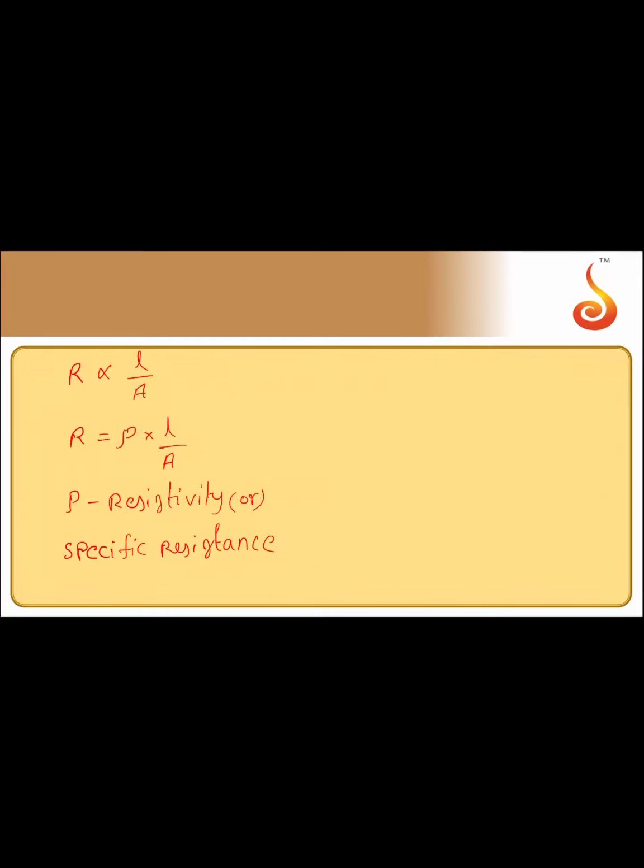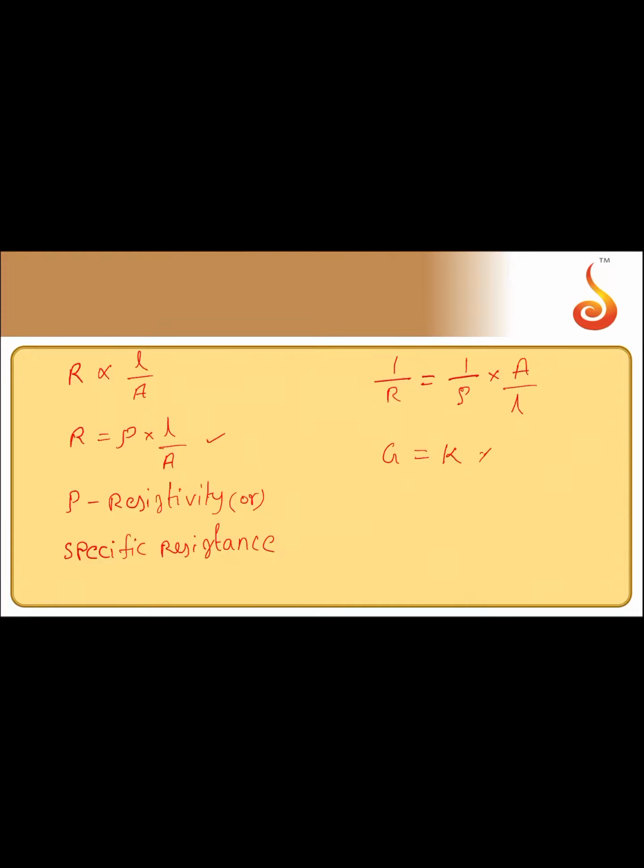Then if we take the reciprocal of this equation, 1 by R is equal to 1 by rho into A by L, where 1 by R, the reciprocal of resistance, is conductance, and 1 by rho, the reciprocal of resistivity or specific resistance, is conductivity or specific conductance.